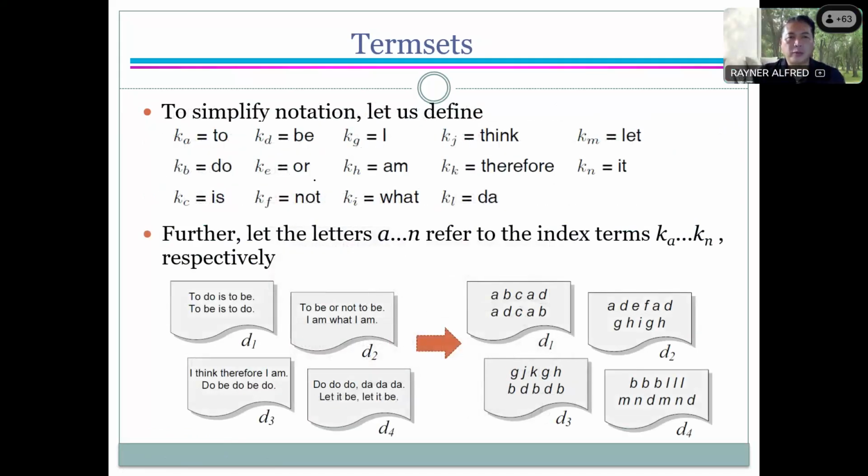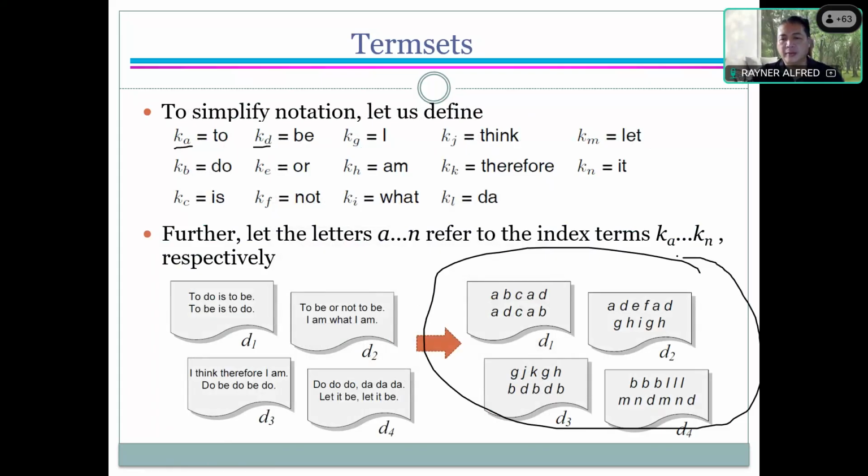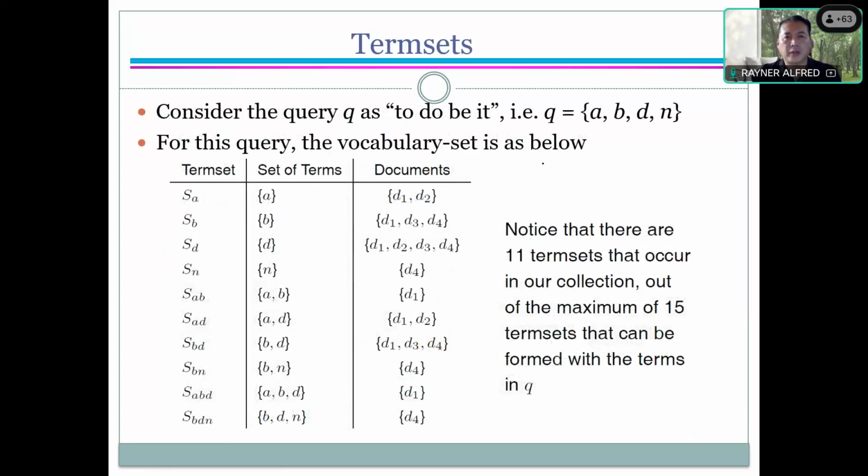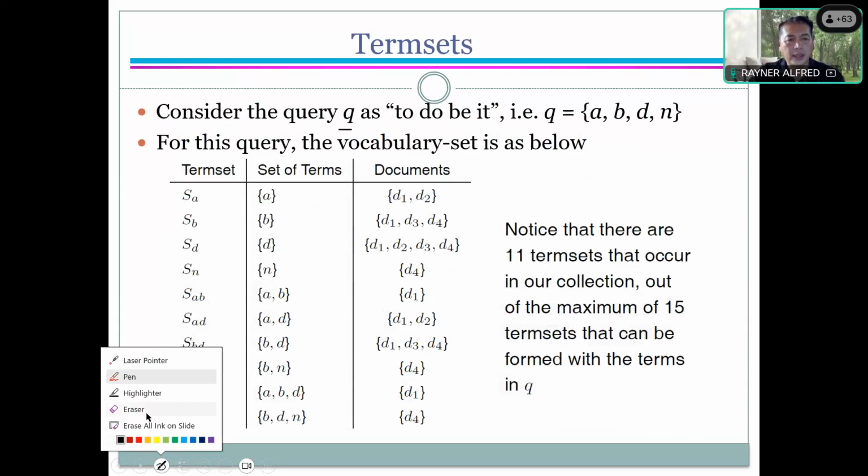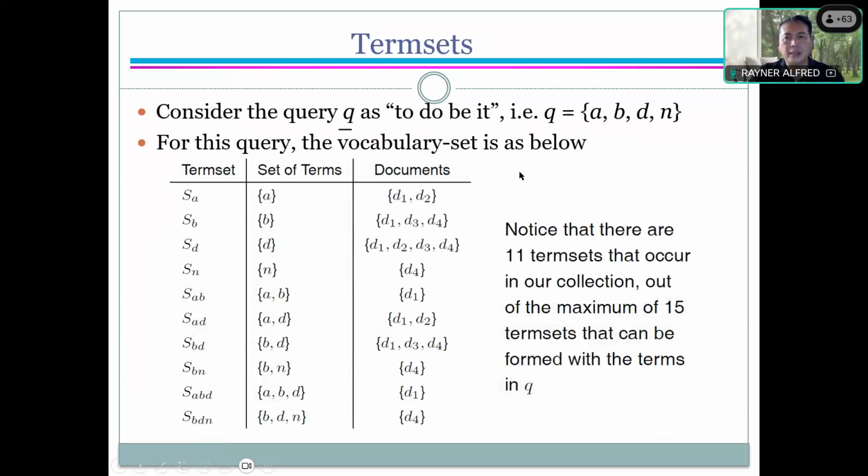So for example, if we simplify this using single keywords, then we have this set of documents. Okay. So since we want to reduce the complexity of the computation, we will always look at the query first. We look at the query and we look at what are the symbols that we have.